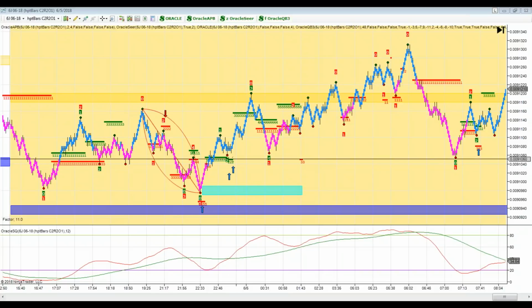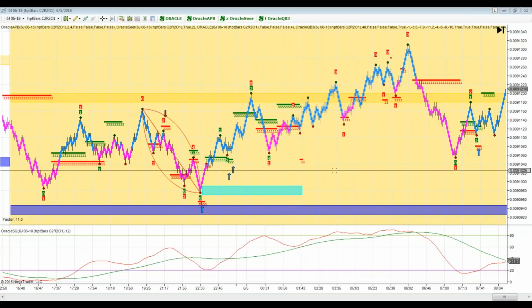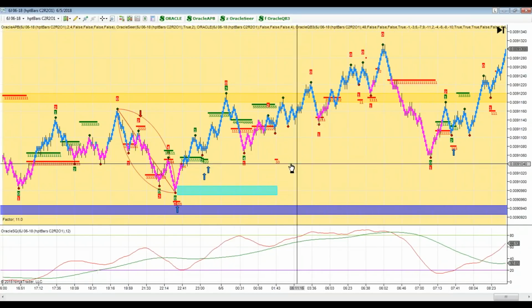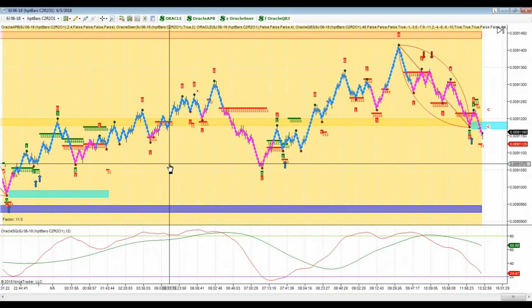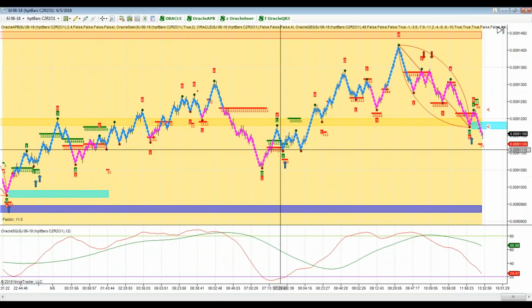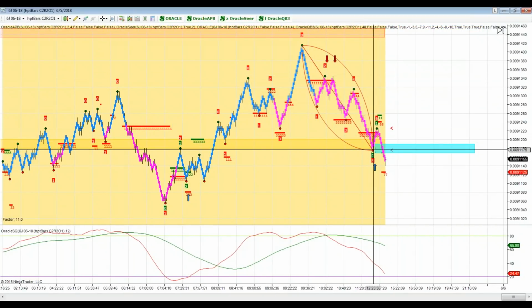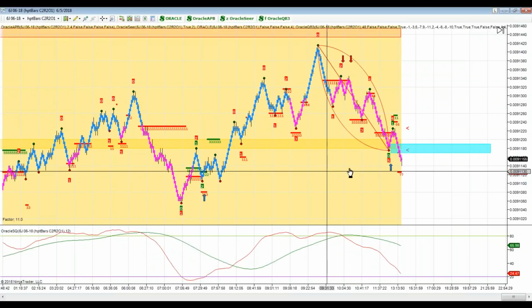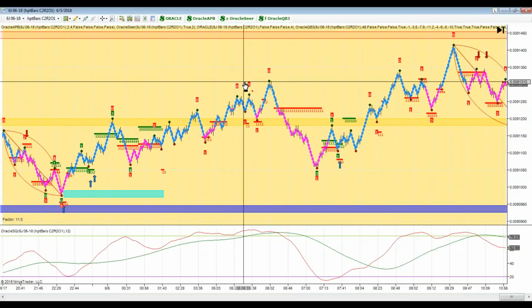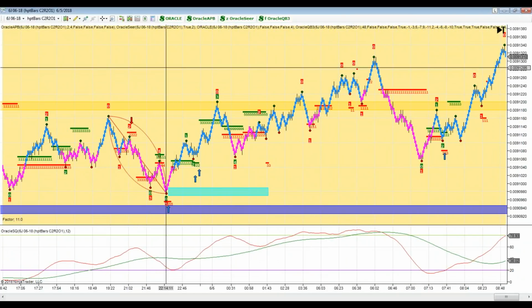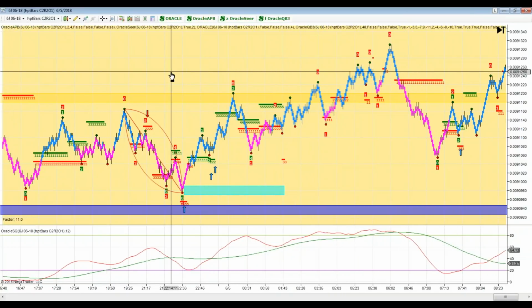That was the short entry. This was the long entry here. Again, it's only trading the Wave 2s that I'm showing, not the 5s. This was the 2 entry here. This was the 2 entry short here, and we have one more here on a long entry. So let's talk about those. Again, let's talk about the proper way, the preferred way to trade these as far as stop management is concerned.